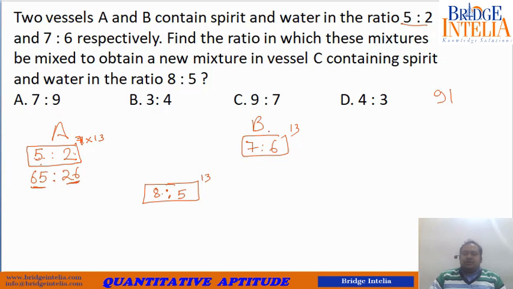So now apply the same logic here. 7:6. The sum here is 13, but you want the sum to be 91. So 13 into 7 is 91. So 7 sevens are 49, 7 sixes are 42. So the ratio 7:6 can also be written as 49:42.